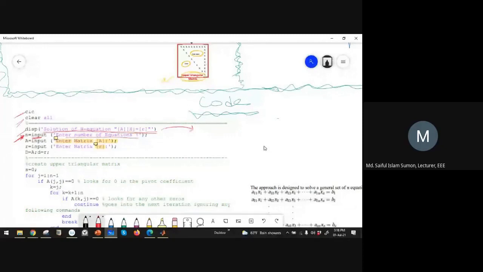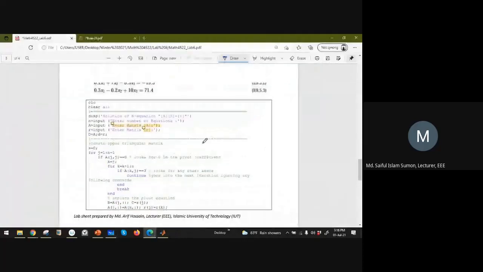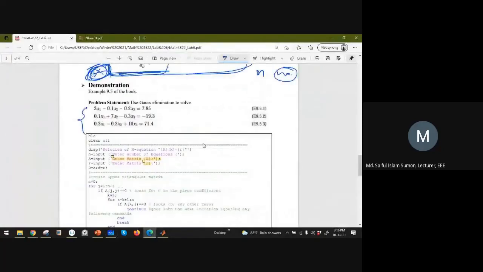Suppose our problem is something like this. That means how many variables are there? 3 variables are there, and matrix A is actually like this.